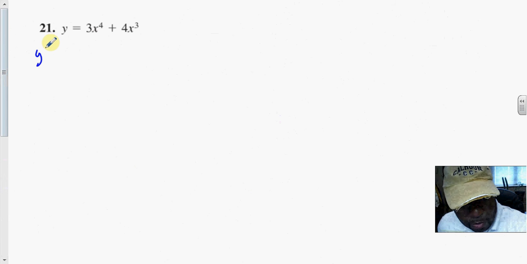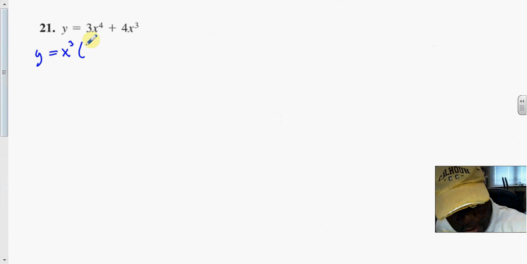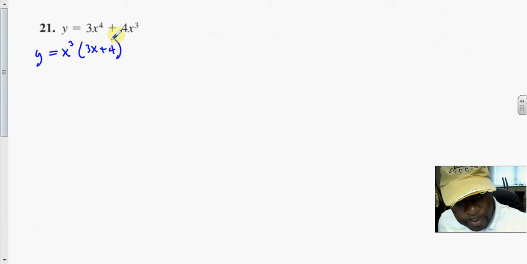So here, notice that if I take y and factor out x to the third, this leaves me with 3x plus 4.